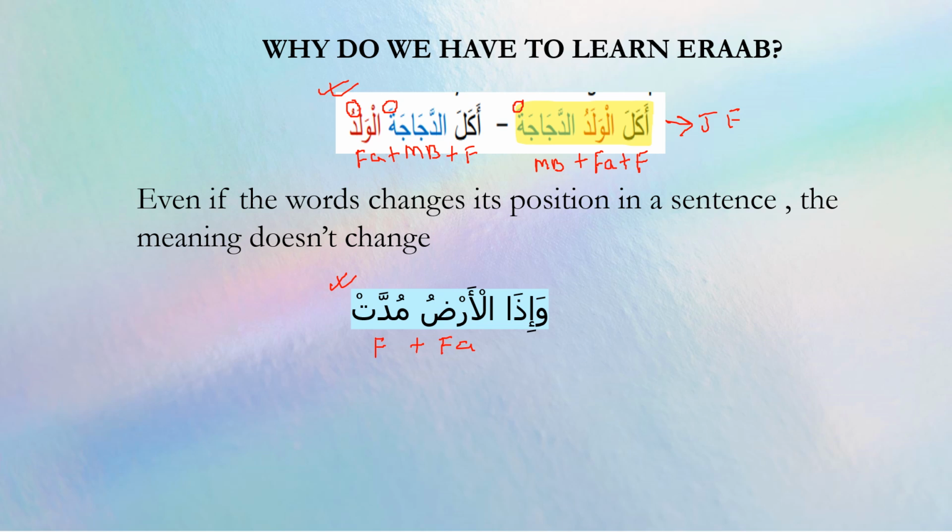It may happen sometimes, but if you have the knowledge of I'rab, you will check the haraka. And whenever you come across the fi'l, you will always check the fa'il, whether it is after the fi'l or before the fi'l. If you check the harakas, you will understand the meaning. So it is not in any other language, it only happens in the Arabic language.